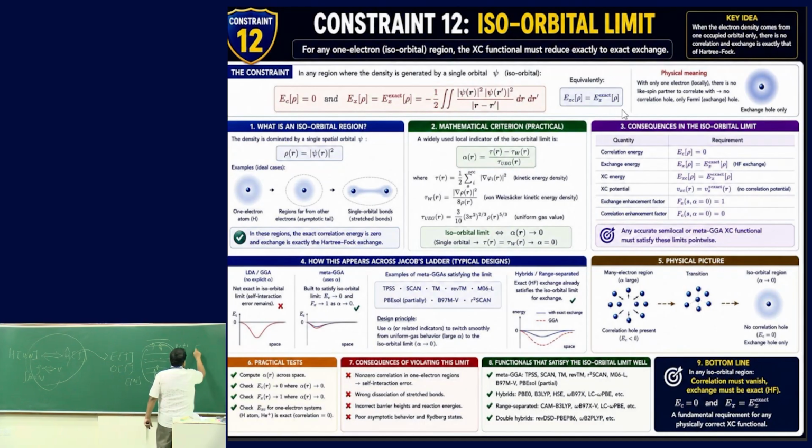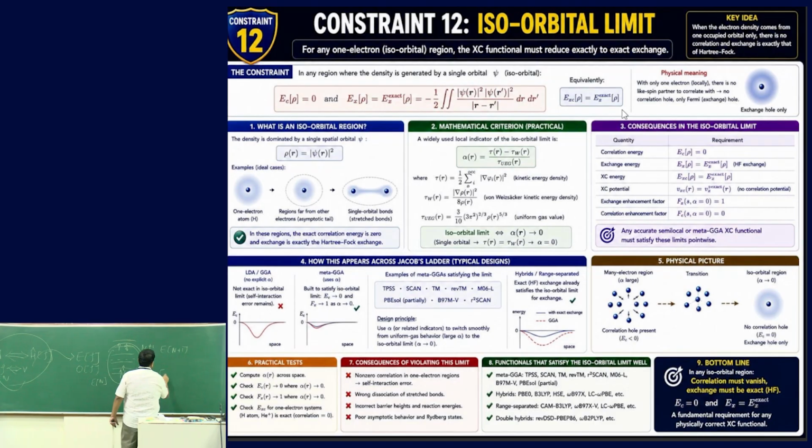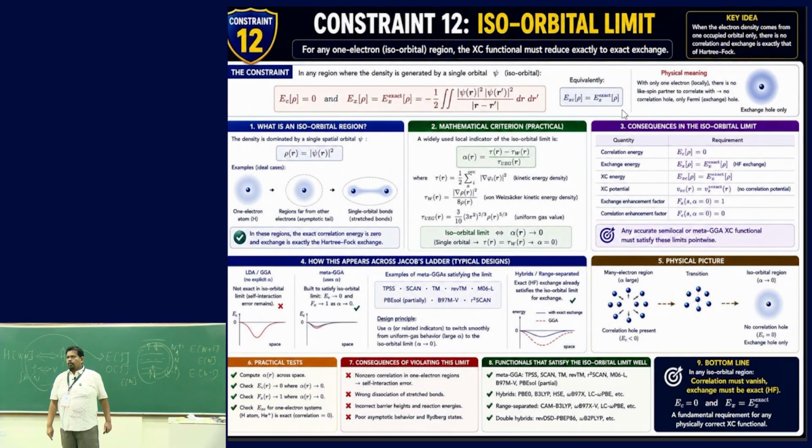Then you are having what? E_{N+1} and E_{N-1}. These two things are fictitious now, okay, but you are having E_N here. Now while you do the calculation, I have to write down the V_xc[rho].